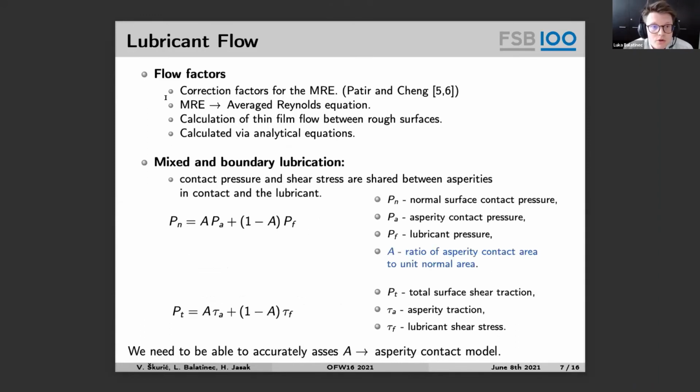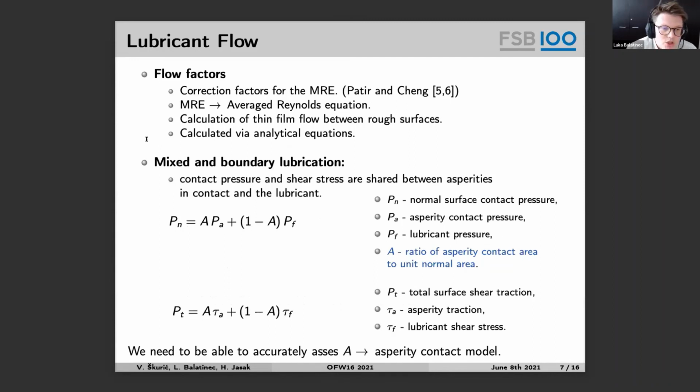So by introducing flow factors as correction factors for the modified Reynolds equation, the equation is able to calculate thin film flows between rough surfaces, and the flow factors by themselves are calculated via analytical equations, which depend on the film thickness at certain computational points.